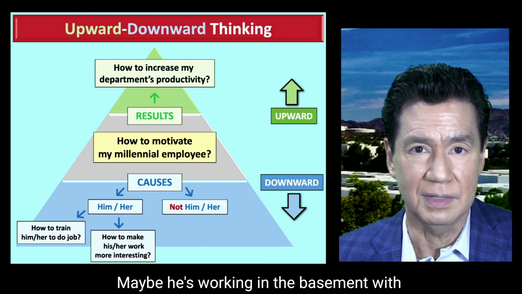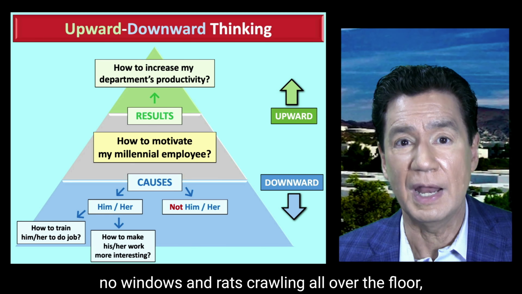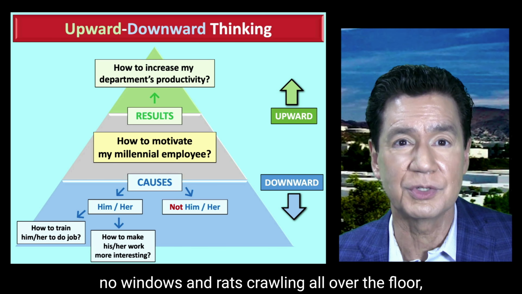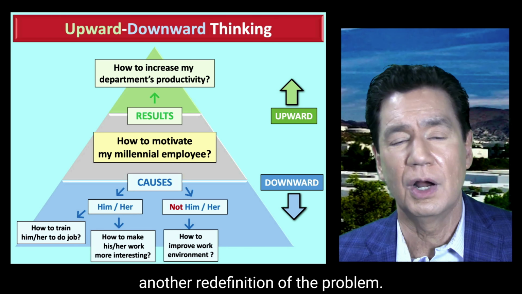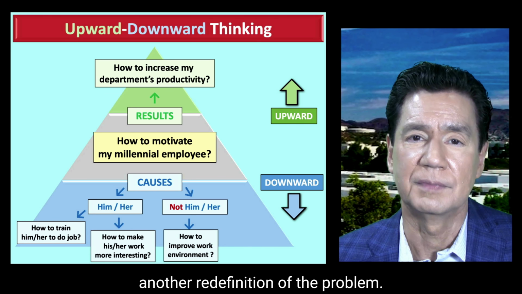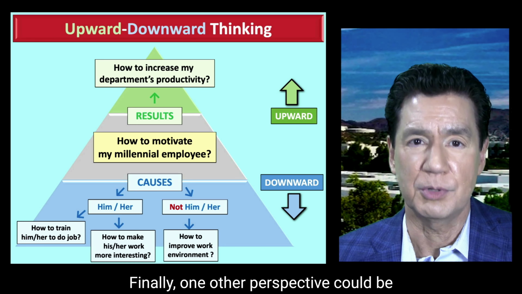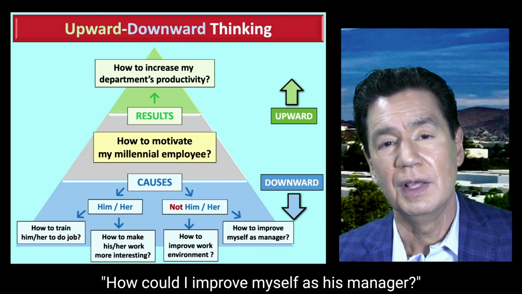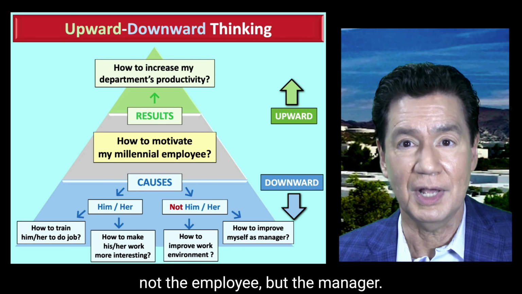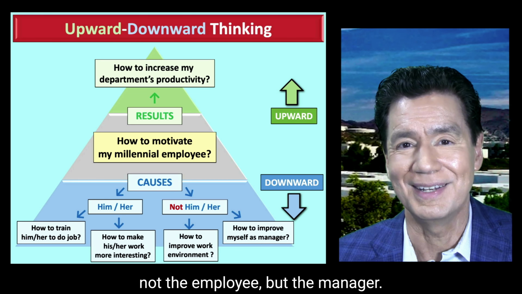Maybe he's working in the basement with no windows and rats crawling all over the floor. So how to improve his work environment could be another redefinition of the problem. Finally, one other perspective could be, how could I improve myself as his manager? In other words, the problem is not the employee, but the manager.